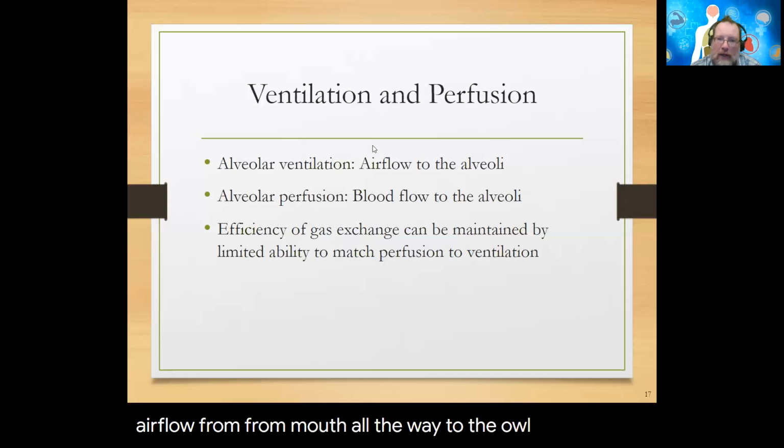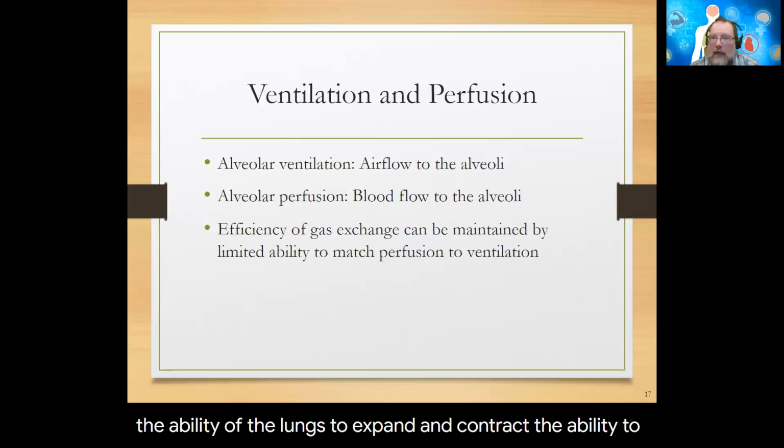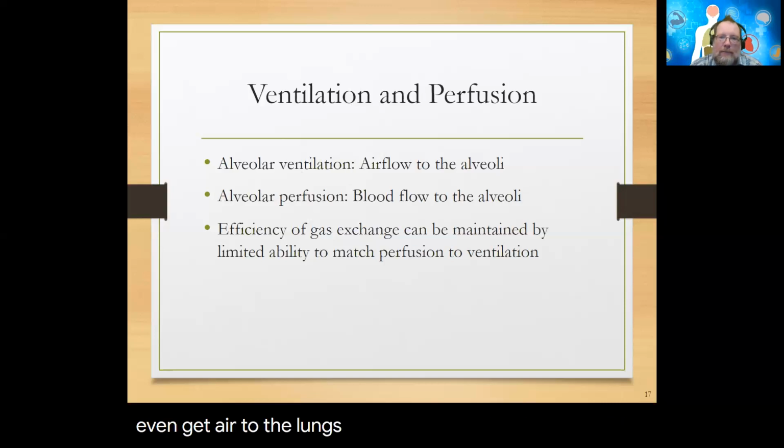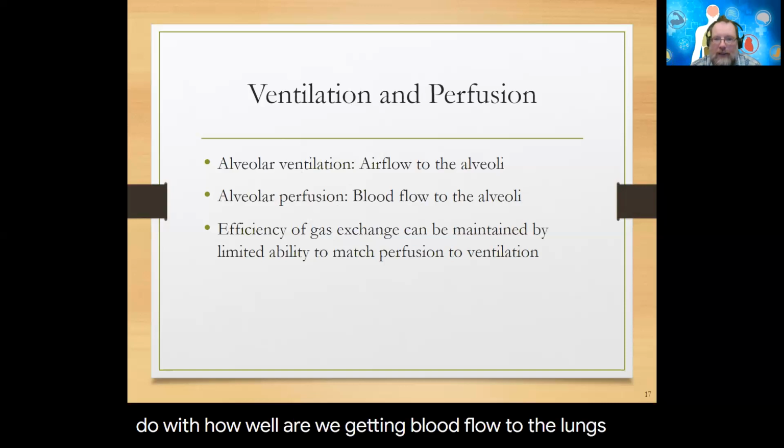What kind of ventilation are we going to get from proper surfactants, the ability of the lungs to expand and contract, the ability to even get air to the lungs. And then alveolar perfusion has to do with how well we are getting blood flow to the lungs or to the alveoli.